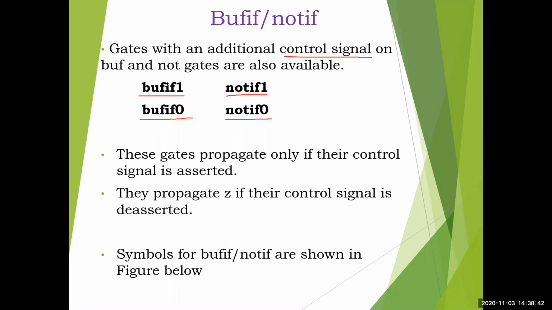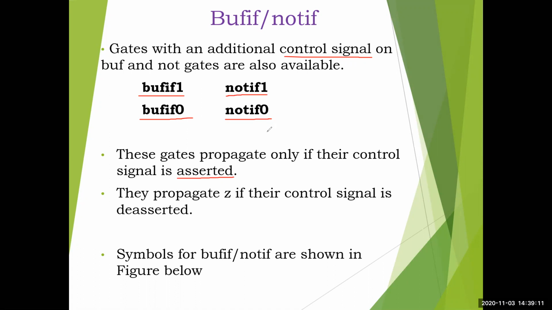These gates propagate only if their control signal is asserted. That means if the control signal is given some value, only then it will propagate the output. That is like a gate, like an if condition. If A is greater than B, only then the output will be printed. Like that, if the control signal is 1 or 0, according to what you have written in the program, only then the input will be passed to the output.